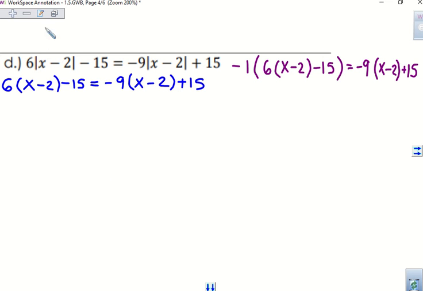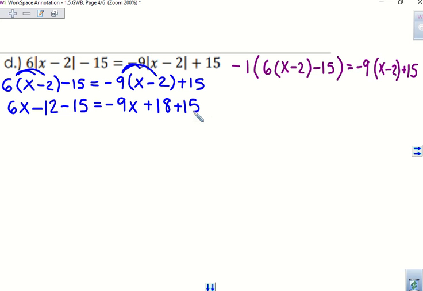Over here, we're going to distribute. We get 6x minus 12 minus 15 equals negative 9x plus 18 plus 15.